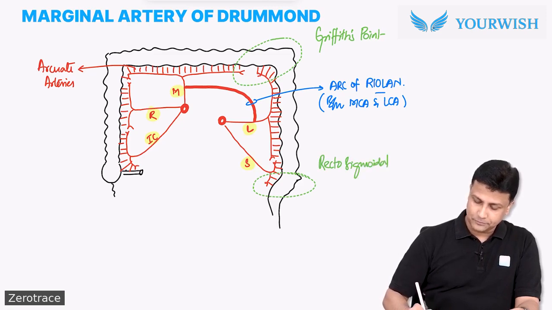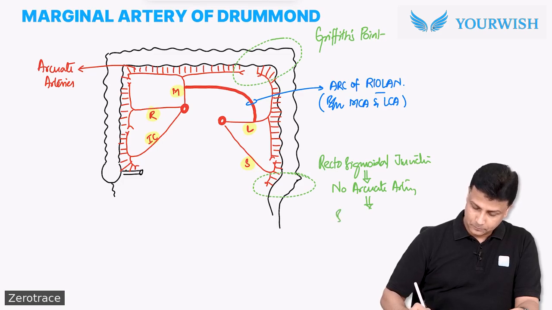And at this junction, what is going to happen? At this junction, there will sometimes be no arcuate arteries over here. And this point is actually referred to as the Sudek's point.